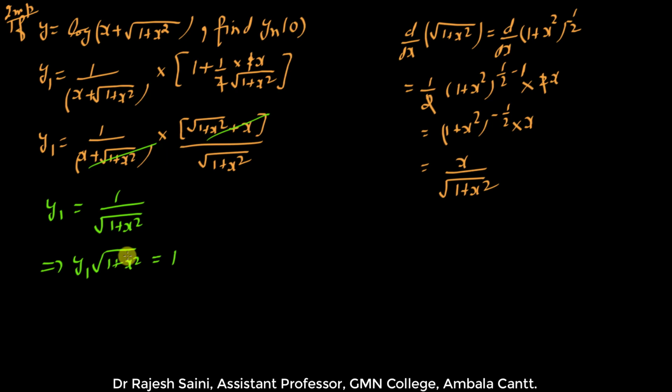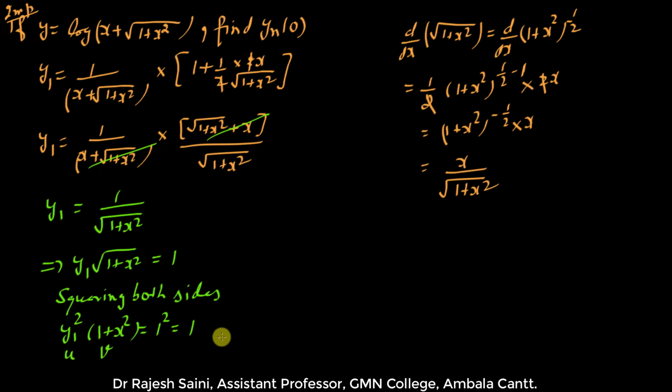Now we have to get rid of the square root, so we will be squaring both sides. We will get y1 square into 1 plus x square is equal to 1. Now differentiate both sides, assuming this as u and this as v, the product rule will be applicable.